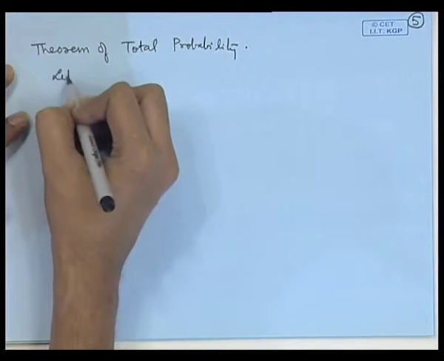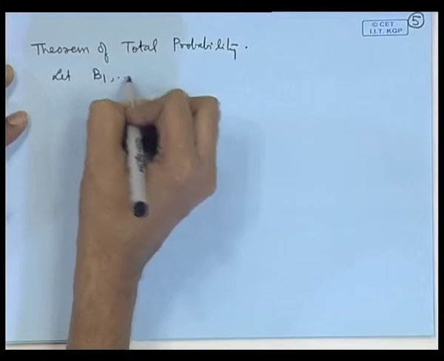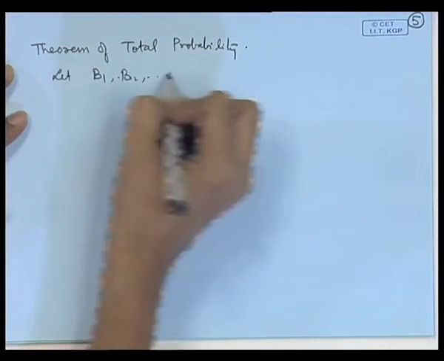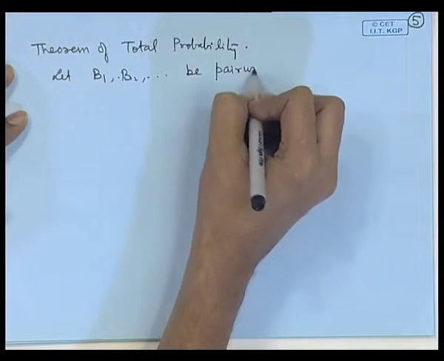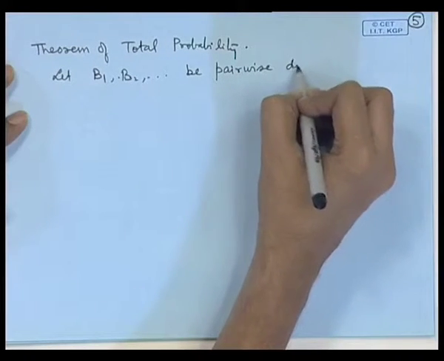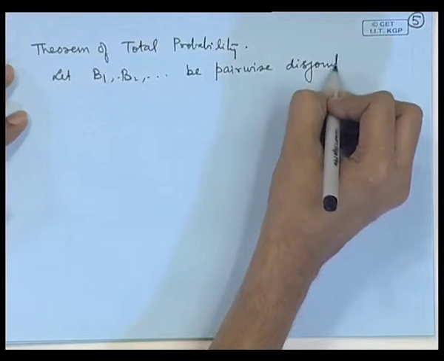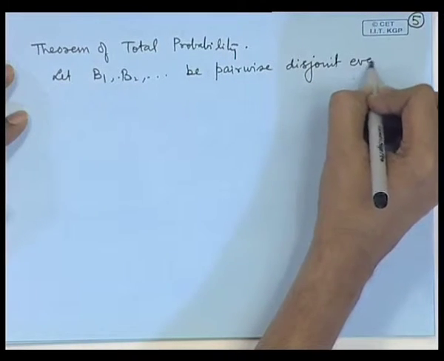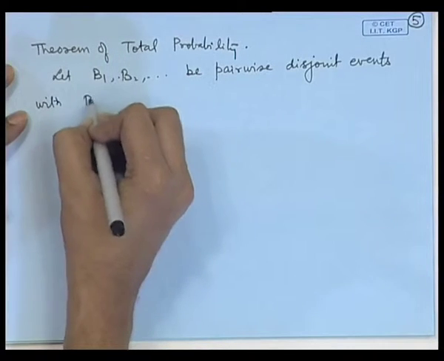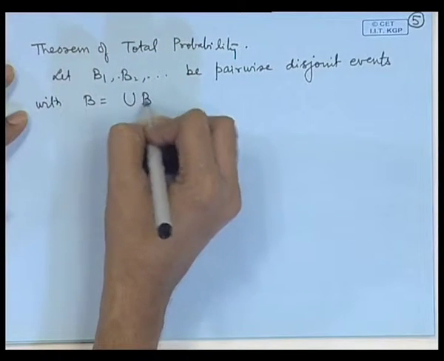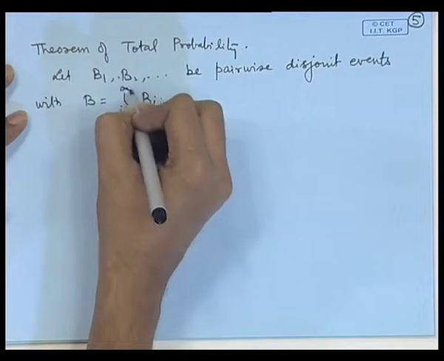So, let B1, B2, etcetera be pairwise disjoint, that means mutually exclusive events, with B equal to the union of B_i, i equal to 1 to infinity.